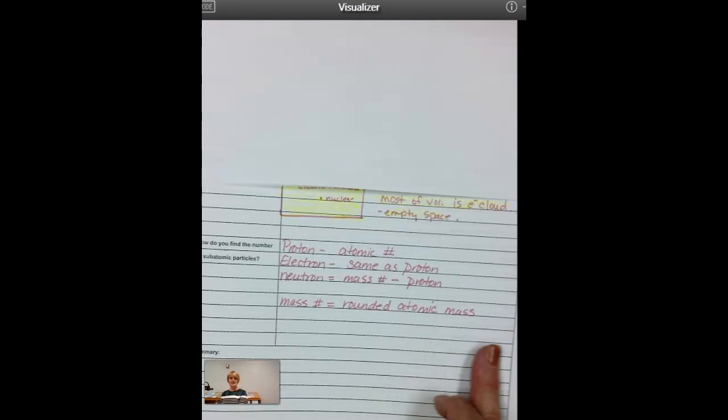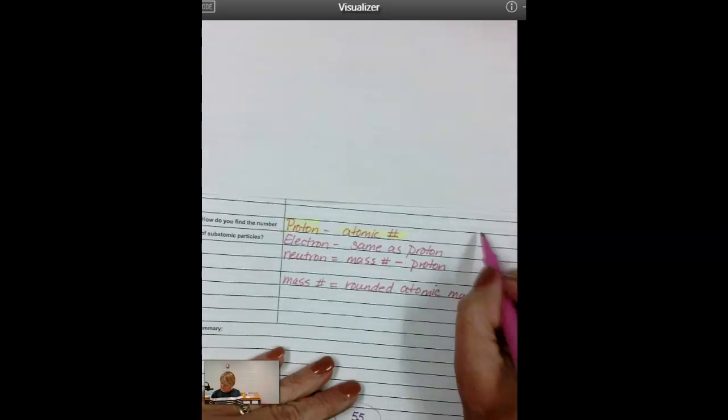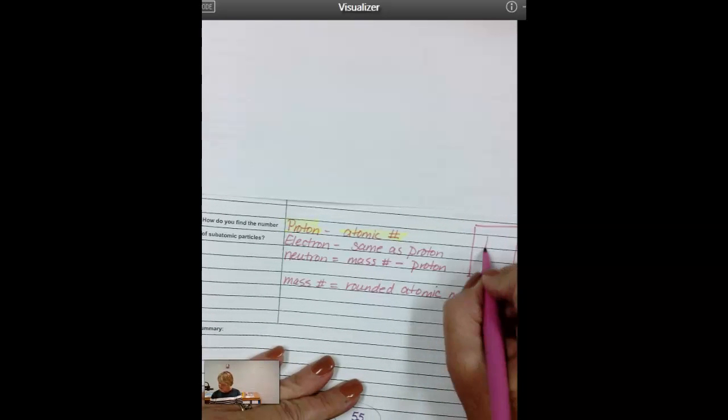Then the next part, and we've already done some of these in our tables, but this should just be a review. How do you find the number of subatomic particles? When I go to find the protons, remember that is just your atomic number. If you want to, you can always draw that in here. Here's a picture of my box. Here's hydrogen, and your atomic number is going to be up at the top.